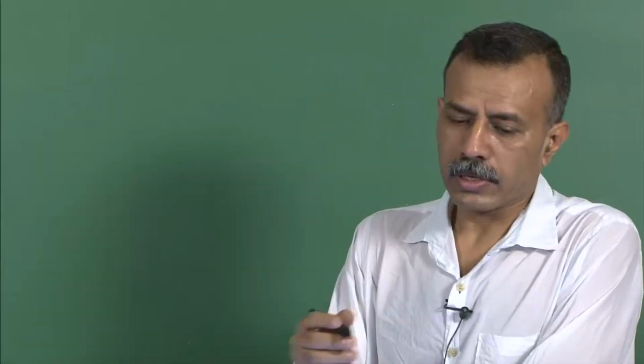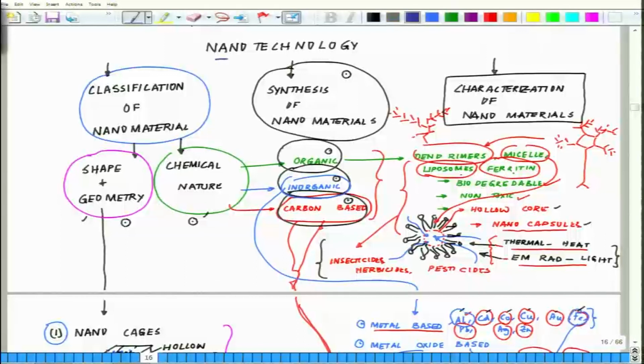So, coming to the slides where we started this. Here, when we started talking about nanotechnology, we decided that we will be talking about the classification of nanomaterials based on shapes and geometry, and based on their chemical nature, having organic, inorganic or carbon based.